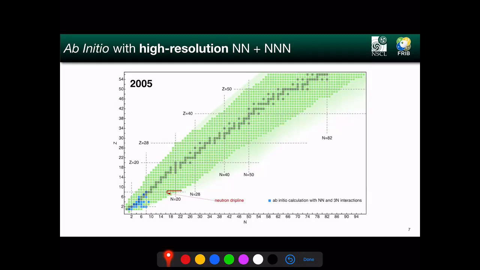So here's the state of the field in 2005. Back in the day when people were using predominantly these high resolution, very high momentum, hard 2- and 3-body interactions. And not surprisingly, you're really limited to the lightest of the nuclei that you can calculate.